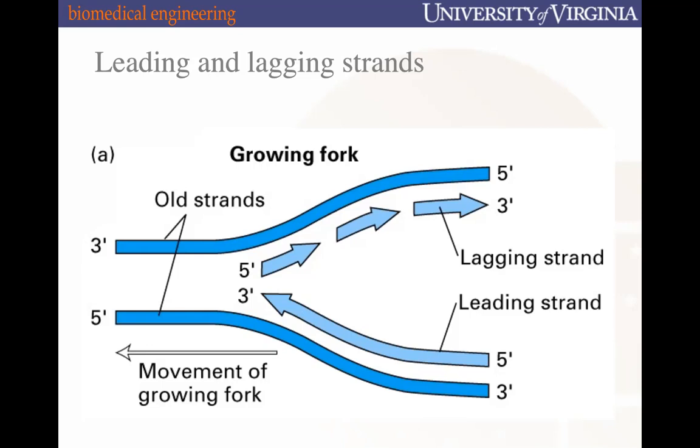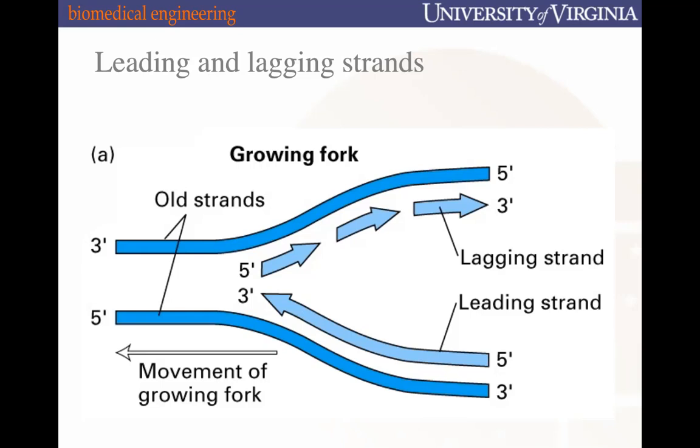And so what's going to end up happening is as helicase is opening up and melting the DNA more on this replication fork, the leading strand again will just continuously elongate the new DNA strand.